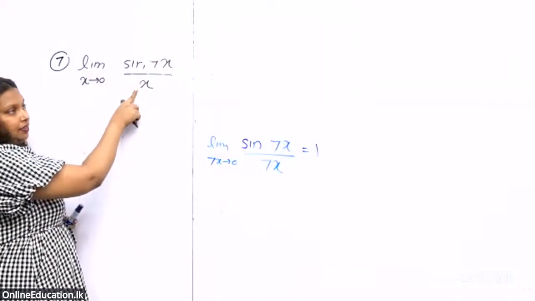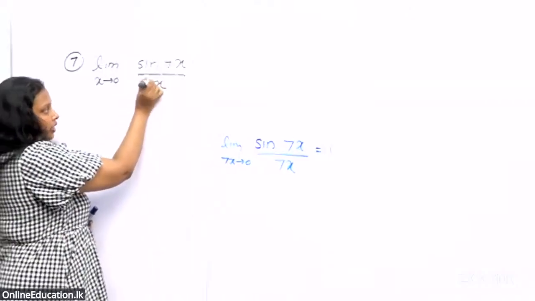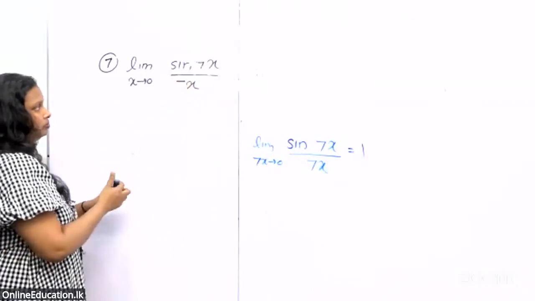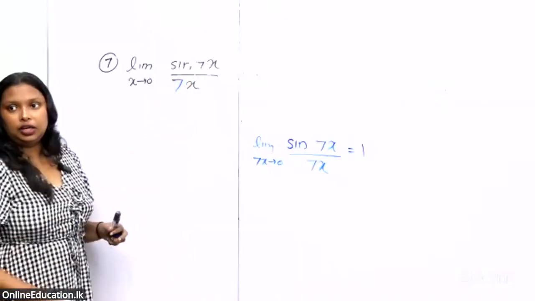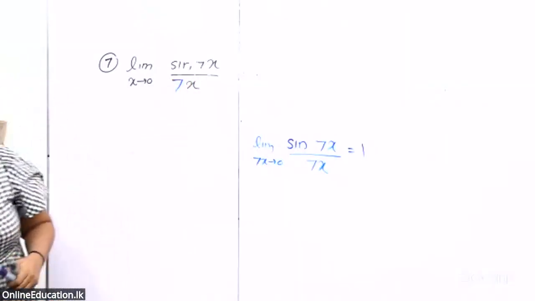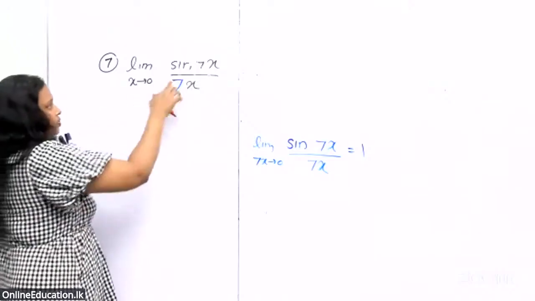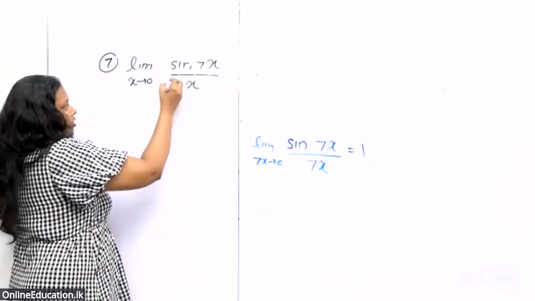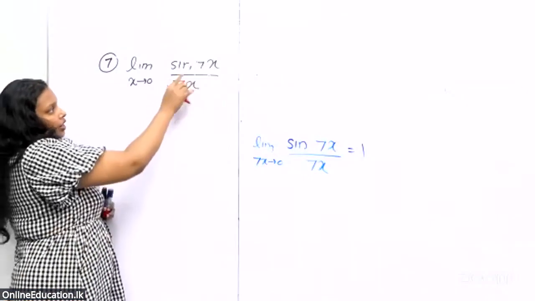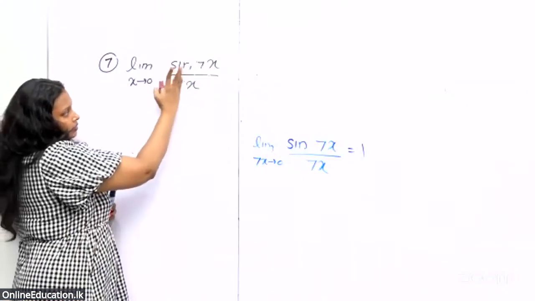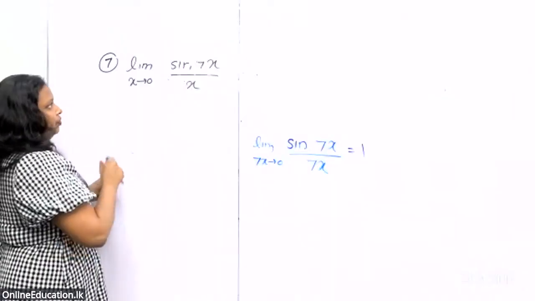See what I'm going to do now. I want to make this 7x, so I will put 7 here. Now we had only x. This is the question that you got.